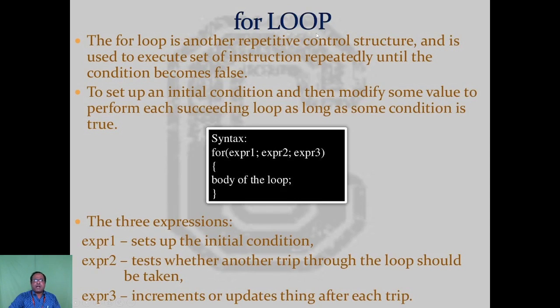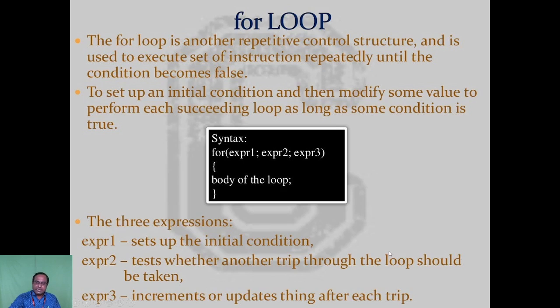The for loop is another repetitive control statement, and the for loop has three expressions. One is the initialize condition, second is the test condition, and third is the increment statement. While compiling the while loop, these three things are separately initiated in the program.